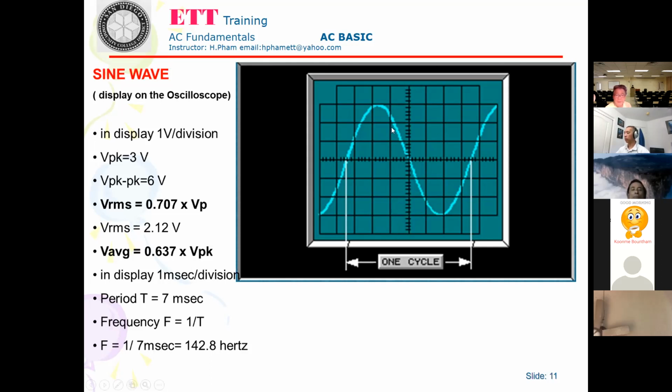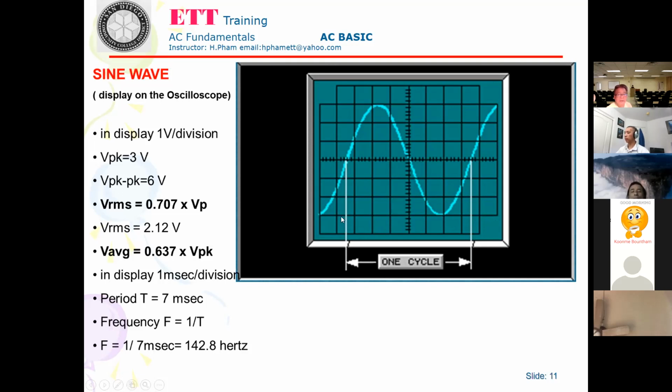From the bottom up to the top, how many divisions? 1, 2, 3, 4, 5, 6, 7, 8. They are also the same on any scope. So that is 8 divisions for the voltage. And also from the left to the right, 1, 2, 3, 4, 5, 6, 7, 8, 9, 10, right? 10 divisions for the time.